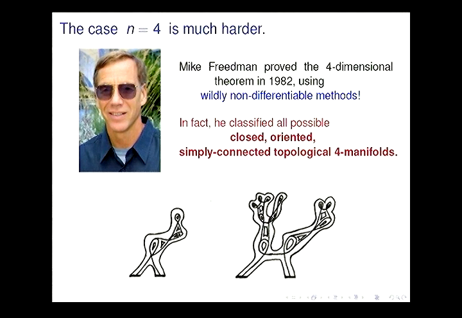I should mention that Friedman has changed fields since then. He's now the director of the division of Microsoft which is trying to build a quantum computer. So he's very much concerned with practical problems now.